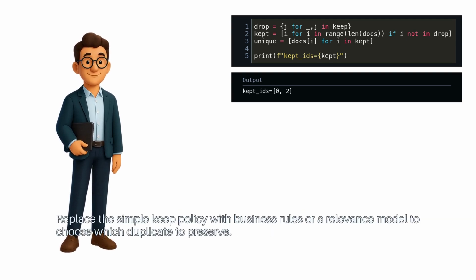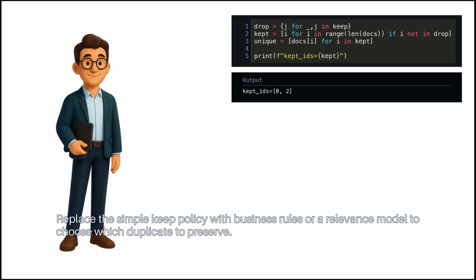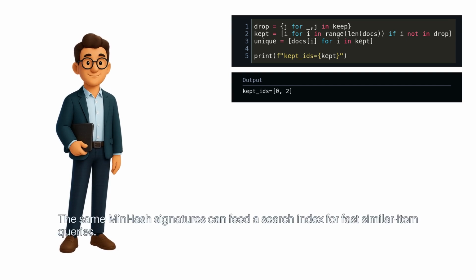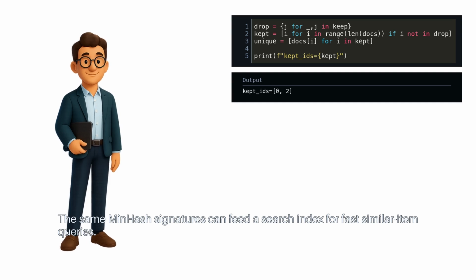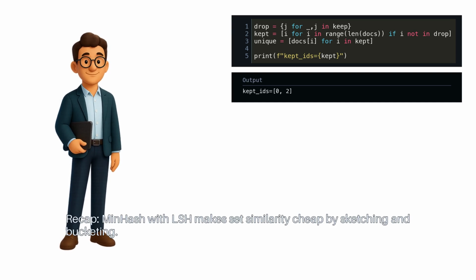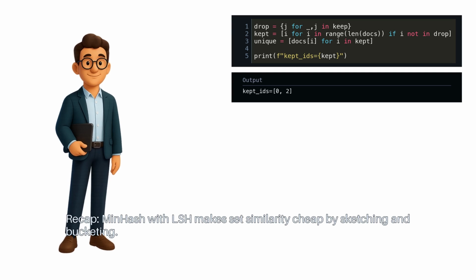Replace the simple keep policy with business rules or a relevance model to choose which duplicate to preserve. The same MinHash signatures can feed a search index for fast, similar item queries. Recap: MinHash with LSH makes set similarity cheap by sketching and bucketing.